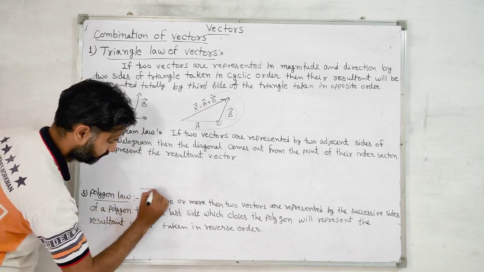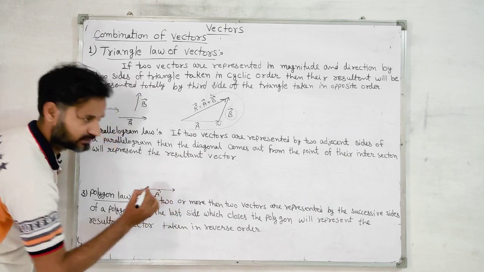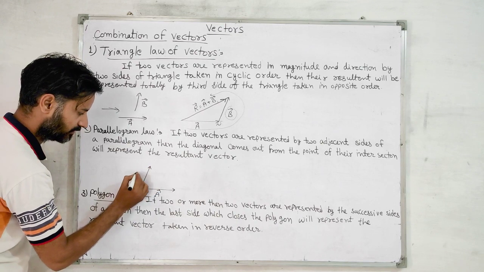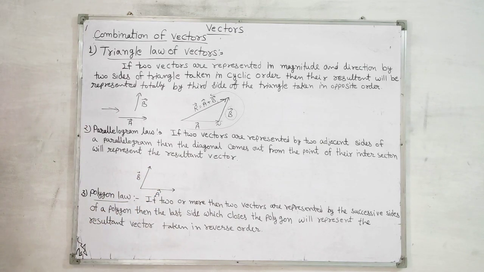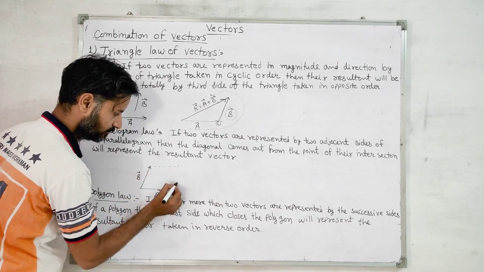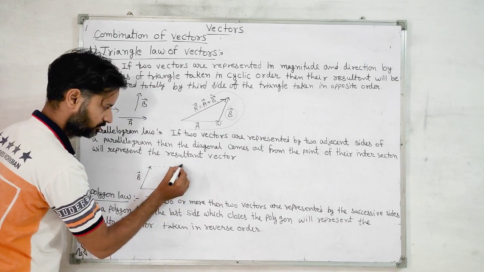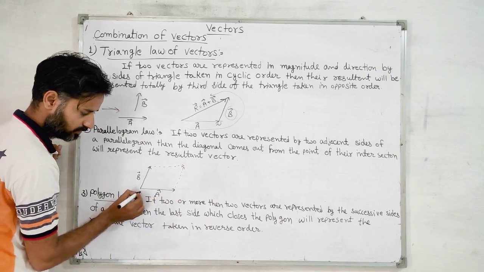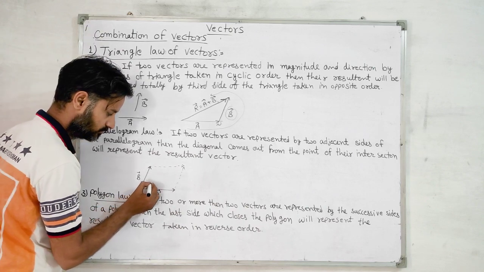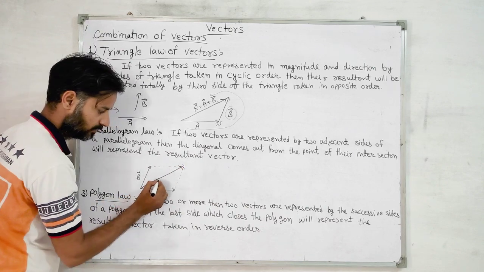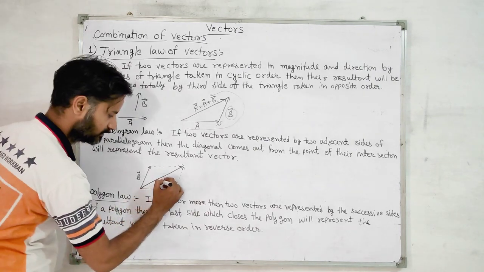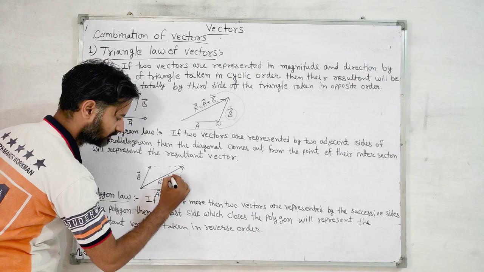So if this is A vector, then B vector will be taken along this. Now make a parallelogram. The diagonal coming out from their intersection will represent the resultant vector, which can be written as R vector equal to A vector plus B vector.